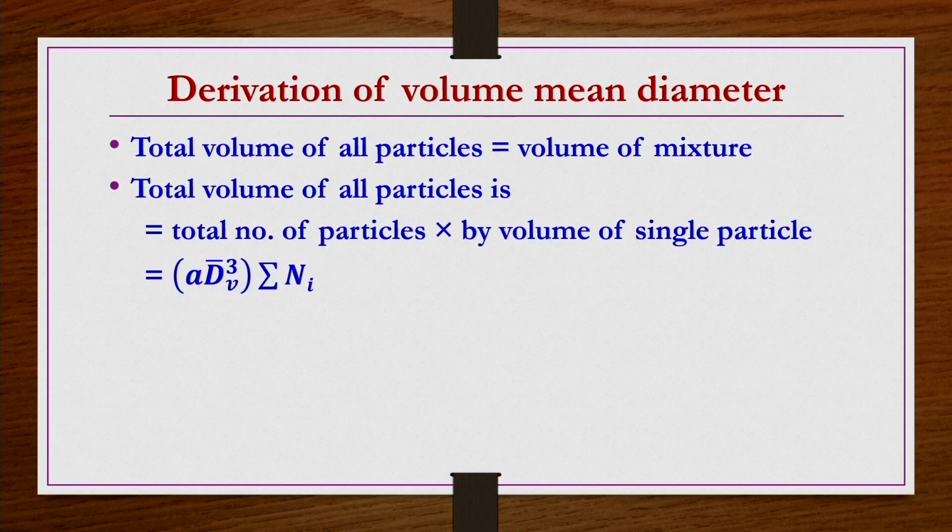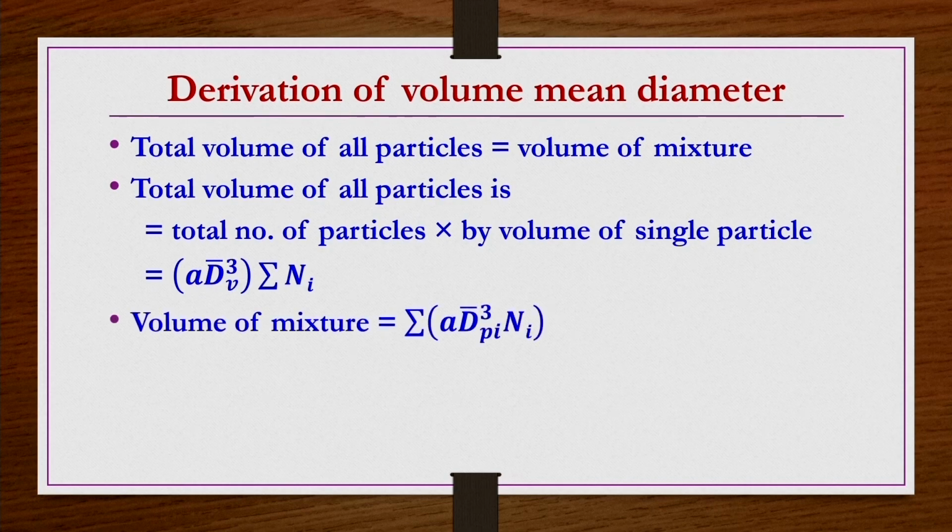So, that is A d̄_V³ ΣN_i. ΣN_i is the total number of particles in the sample, and the volume of a single particle having the volume mean diameter d̄_V is d̄_V³ multiplied by the volume shape factor A. So, A d̄_V³ ΣN_i.